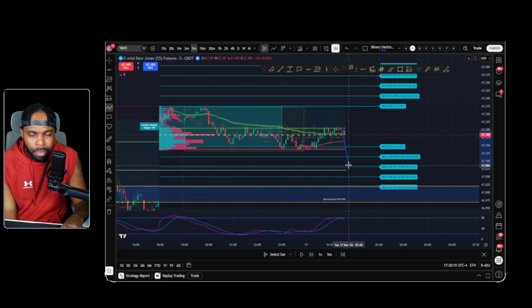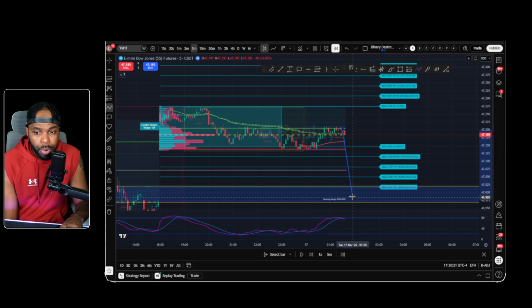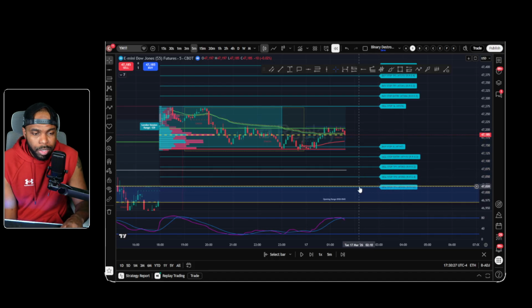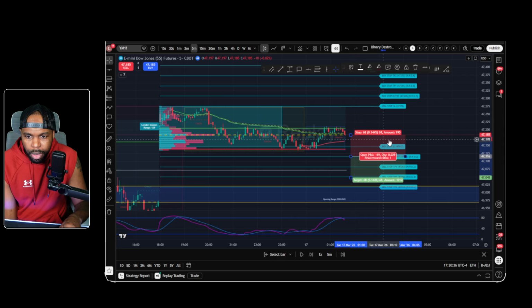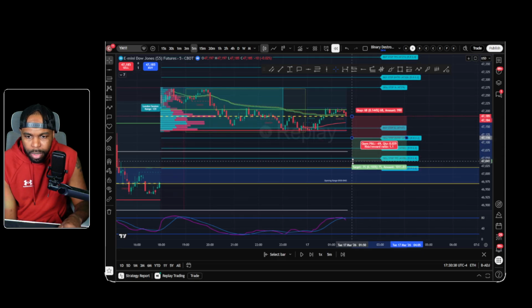So I can place a sell stop pending order towards this zone, and all TPs are before this zone. So I can go ahead and target all TPs. Okay, so I can set up a pending order here at the sell stop entry right here, right? And I can target all three key levels here.